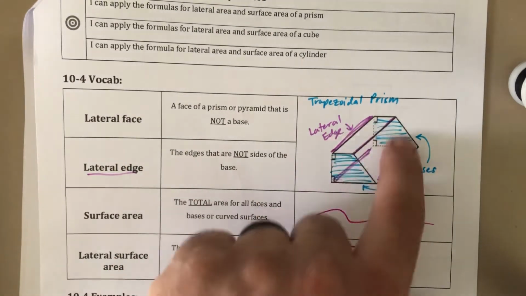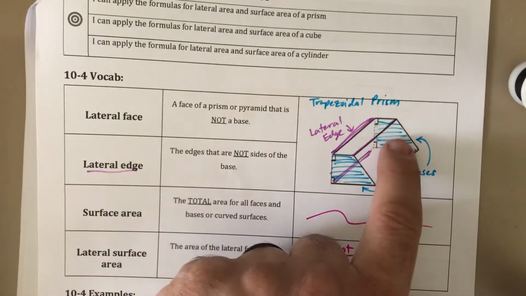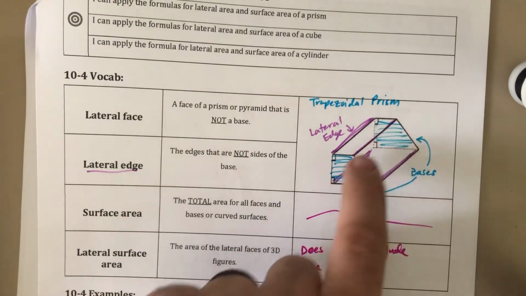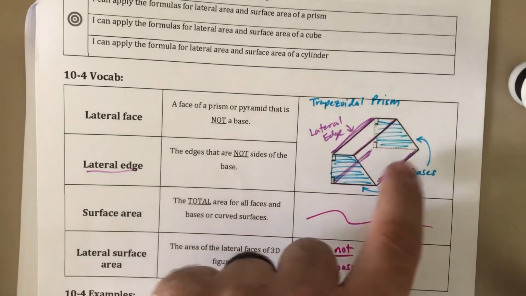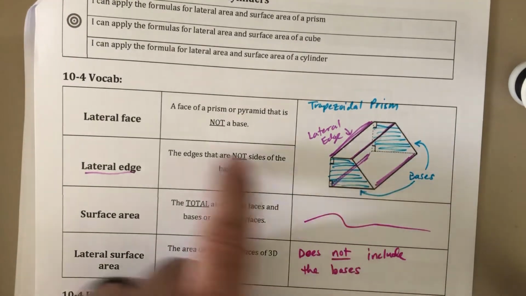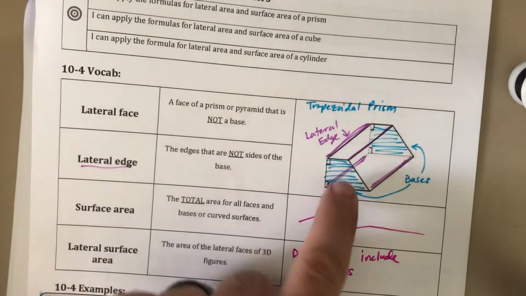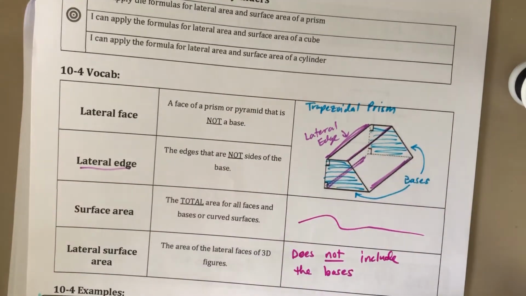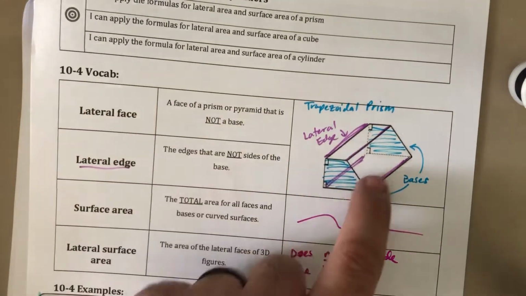In this example, like the one from 10.1, this is a trapezoidal prism because we got these two identical trapezoids that are parallel and congruent, and they're connected by these rectangles. Those trapezoids are our bases. So the lateral face is any of those other rectangles, the one on top, the one in the back, the one on the bottom, the one on the front here, on the side. These are our lateral faces, okay?